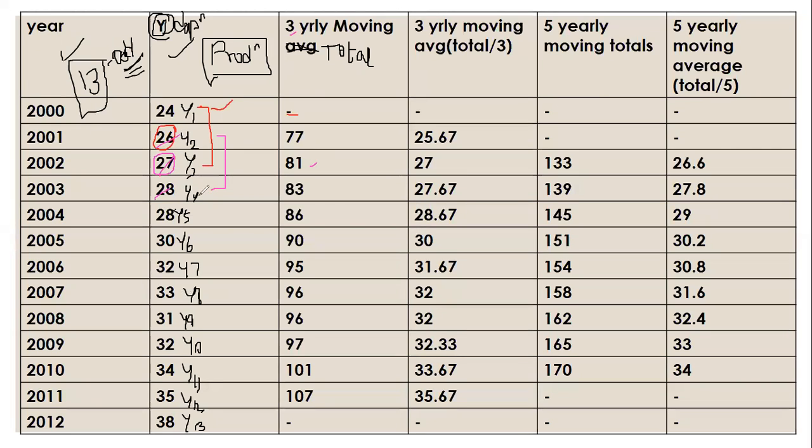Next, I started with y1, then I started with y2, now we have to start with y3. So y3, y4, y5. In y3, y4, y5, which is the central or middle number? Which should I consider? 27, 28 and 28.